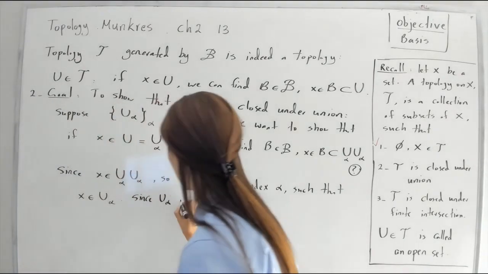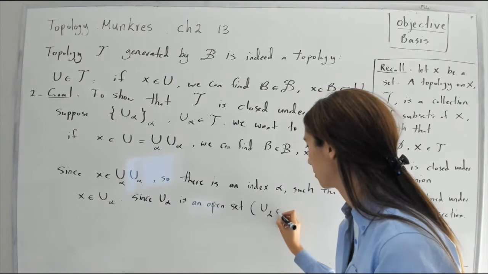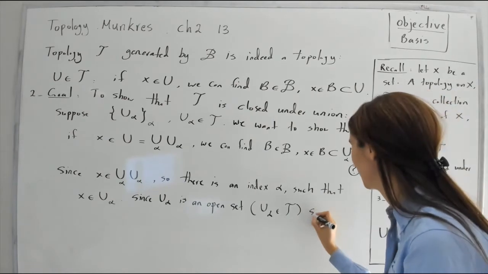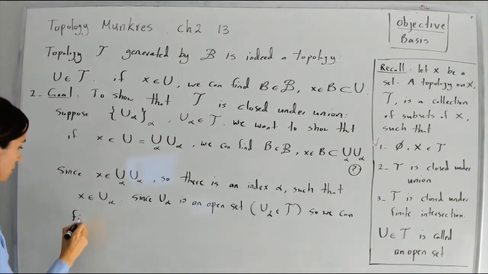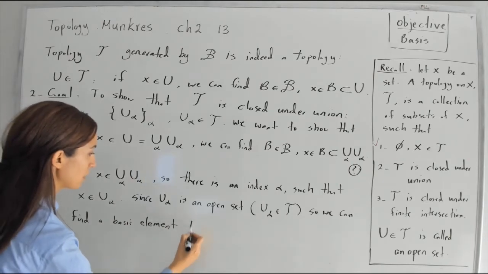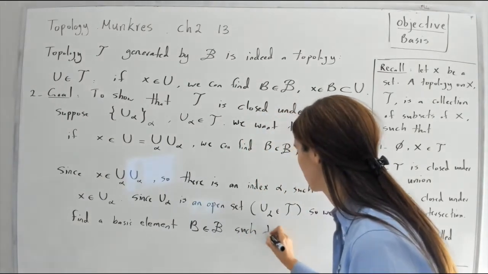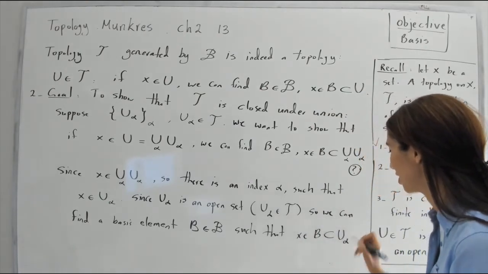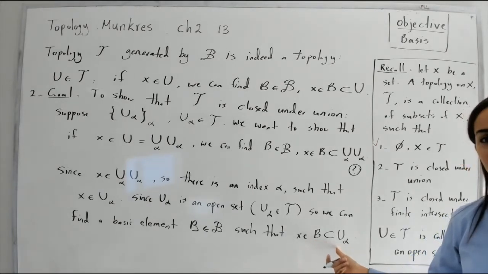Since U sub alpha is an open set, or in other words U sub alpha belongs to the topology, it means that we can find a basis element like B such that X belongs to B and B is a subset of U sub alpha.